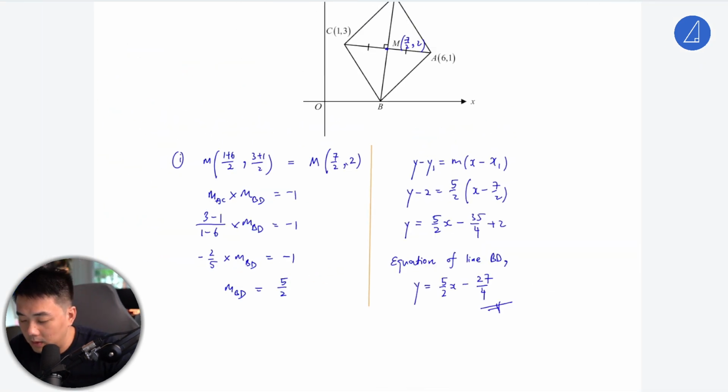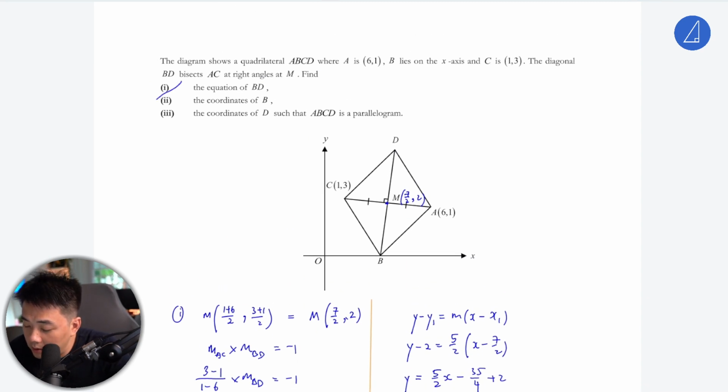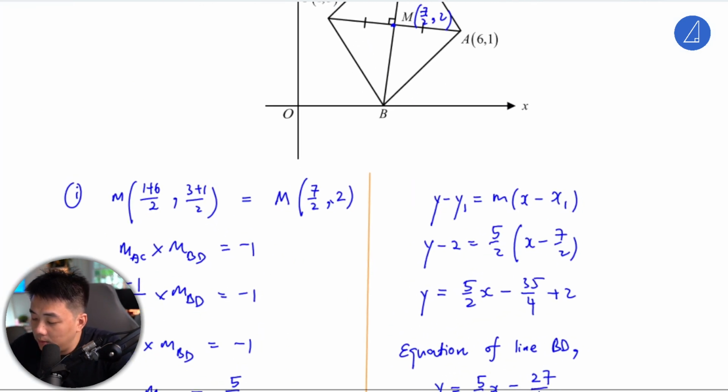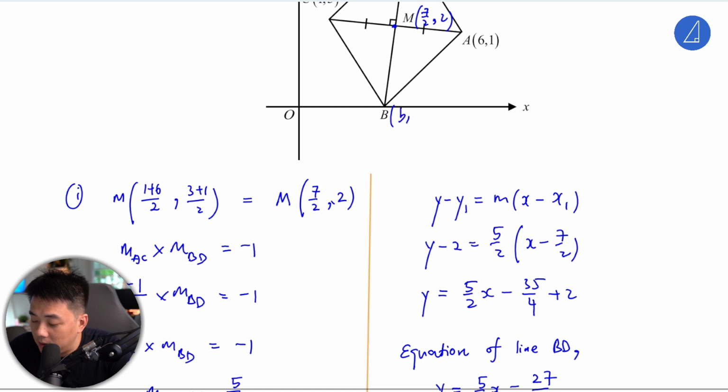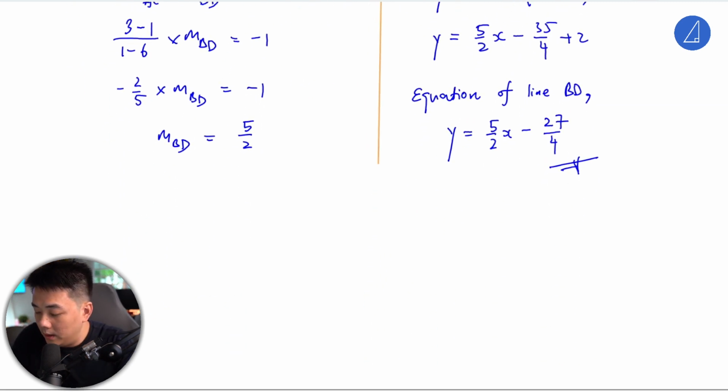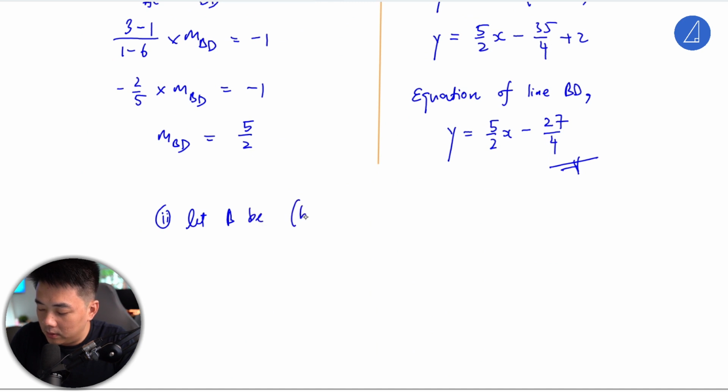Okay, that's it. The line BD, done. Coordinates of B shouldn't be an issue. You just let this be (b, 0). In this case, you substitute this in, so 0 equals 5 over 2 b minus 27 over 4.